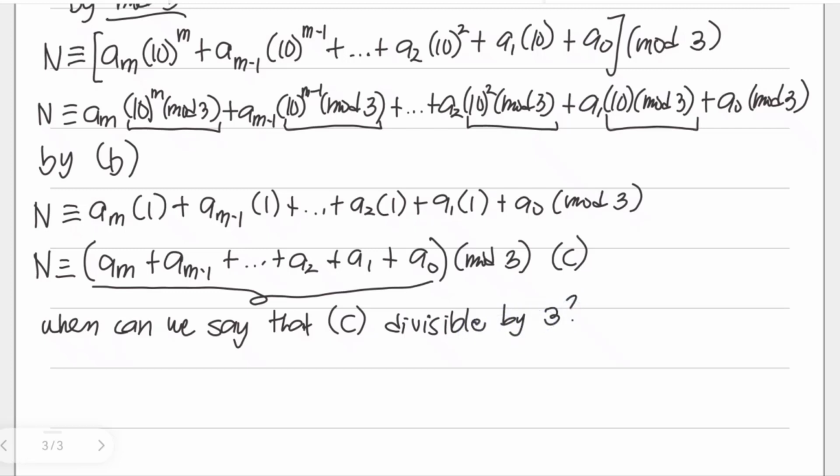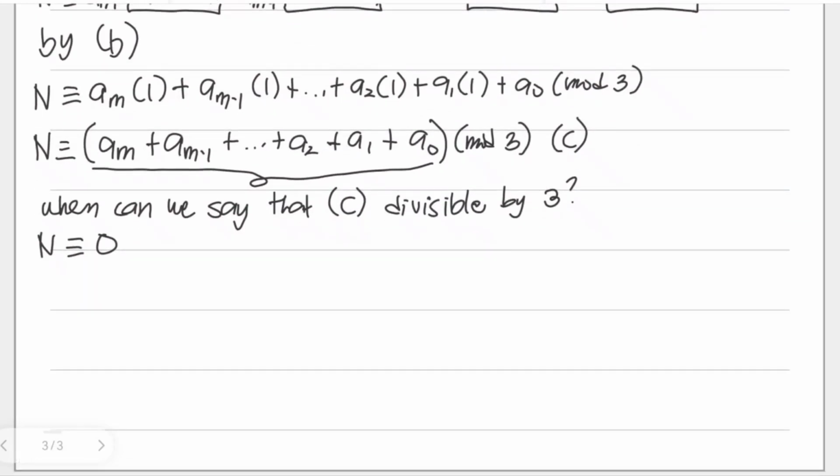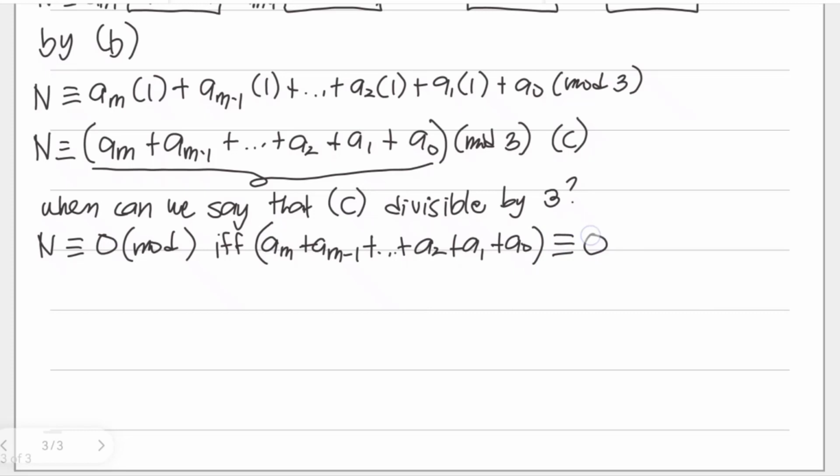That is, n is congruent to 0, because if it's divisible, the remainder should be 0. n is congruent to 0 modulo 3 if and only if this entire expression a sub m plus a sub m minus 1 plus dot dot dot plus a sub 2 plus a sub 1 plus a sub 0, all of this is also congruent to 0 modulo 3.